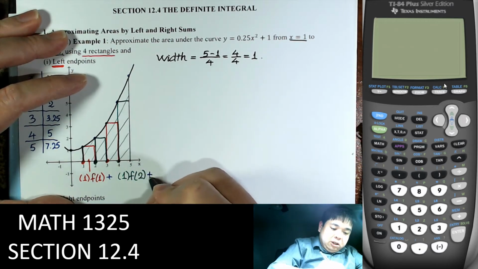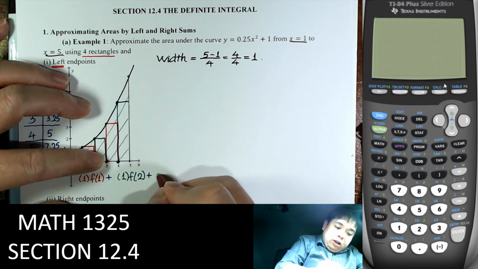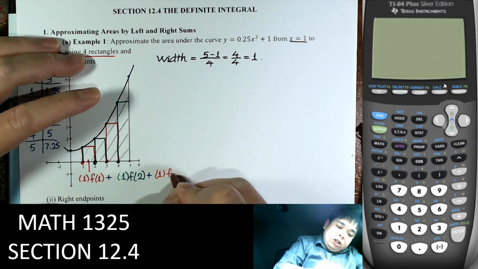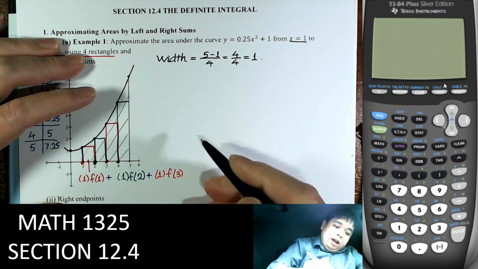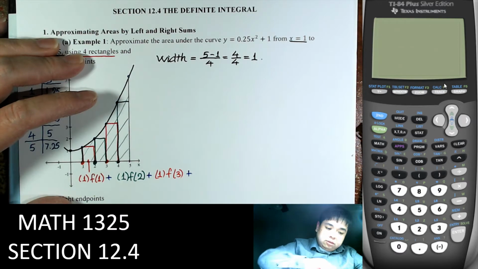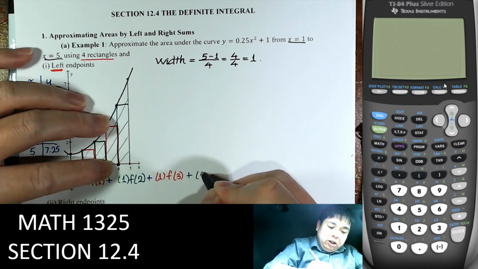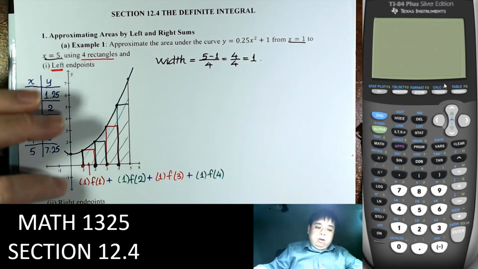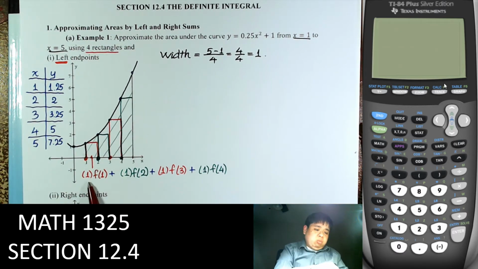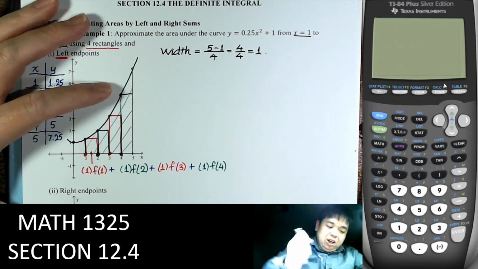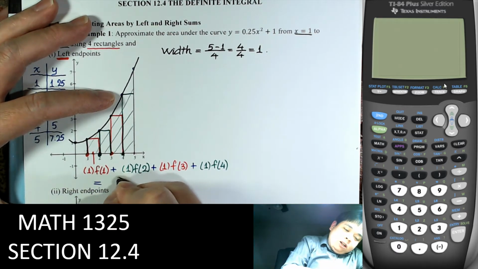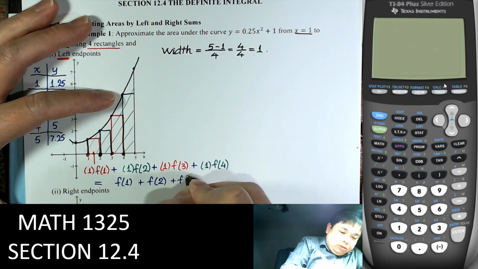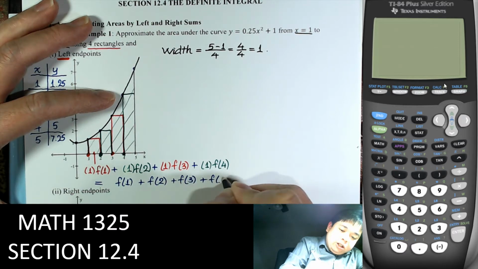And then plus the width, still 1. The height from 3 to 4, we use the left endpoint, which is 3. And then the last one, the width is 1, and the height is based on the left endpoint, which is f of 4. So add all of this up. We just have f of 1 plus f of 2 plus f of 3 plus f of 4.